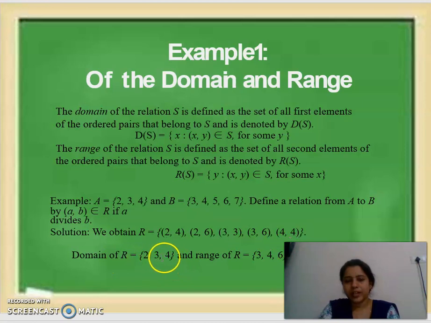So the domain of R contains 2, 3, 4. And range means take all the second elements of the pairs: 4, 6, 3. So the range of R contains 3, 4 and 6. So this is about how to find the domain and range of a relation. Thank you.